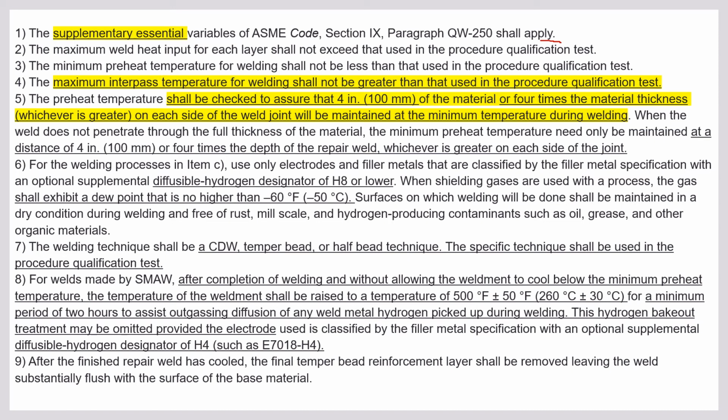Okay, that's why the maximum weld heat input for each layer shall not exceed that used in the procedure qualification test. In the PQR, whatever the maximum weld heat input is mentioned, that should not be exceeded. The minimum preheat temperature for welding shall not be less than that used in the PQR. The maximum interpass temperature for welding shall not be greater than that used in the procedure qualification test.